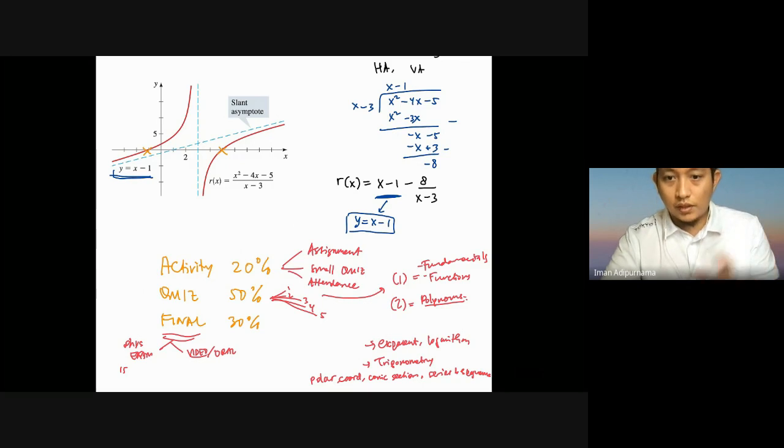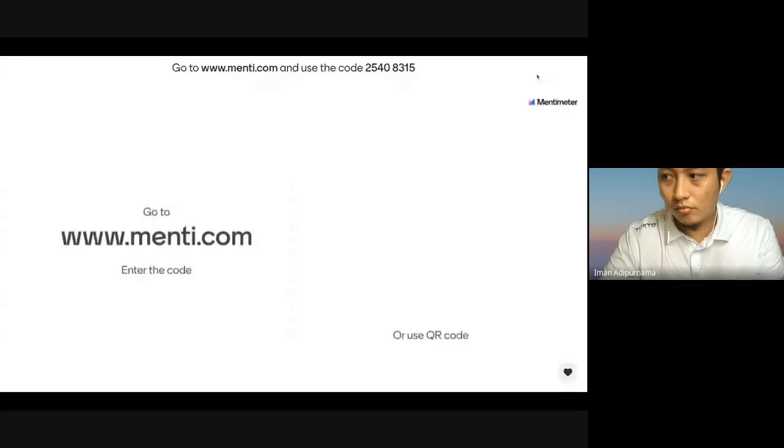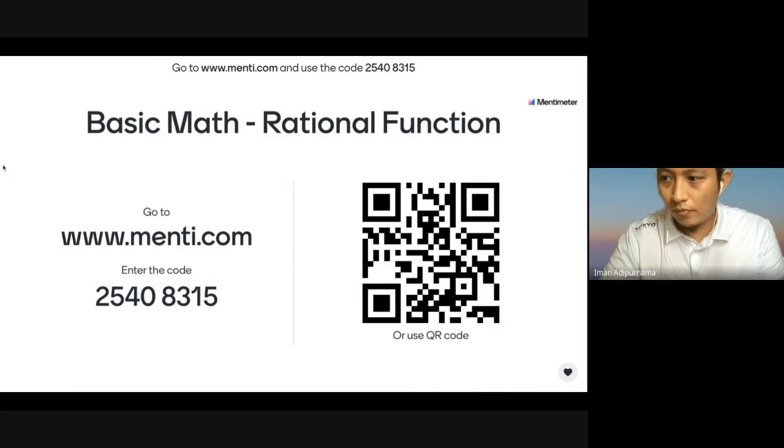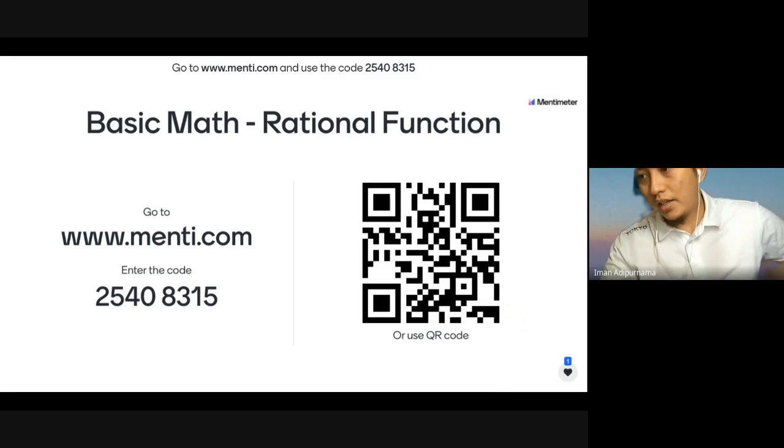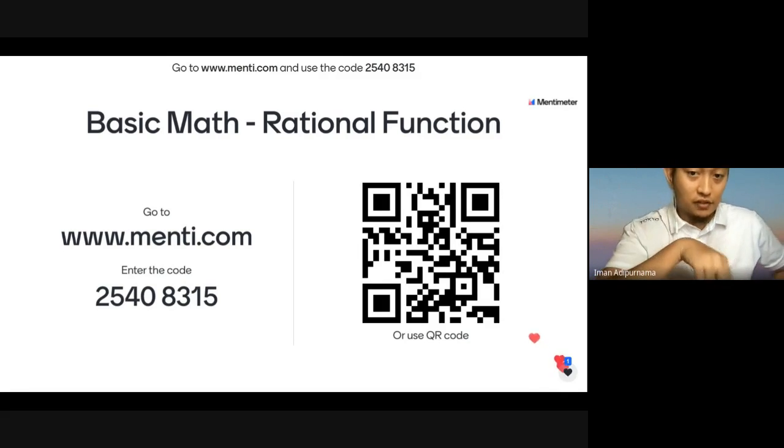Now, the final part of our course today is, of course, the feedback time. Okay, so actually this is about rational functions. So please check, and hopefully you still remember the last part of our lecture today.